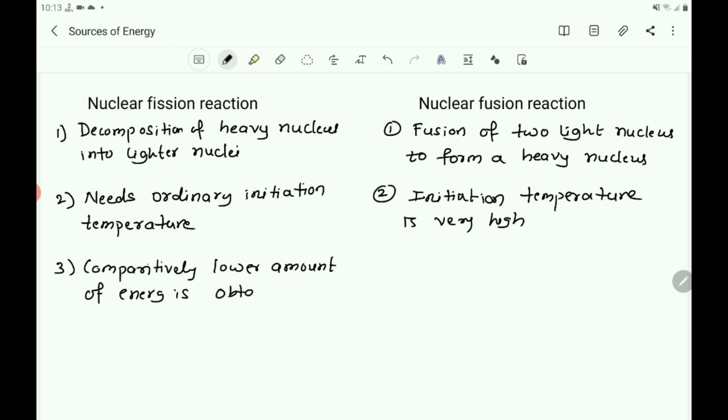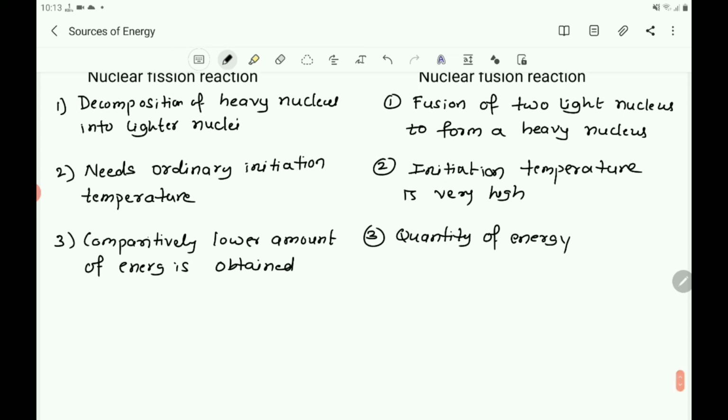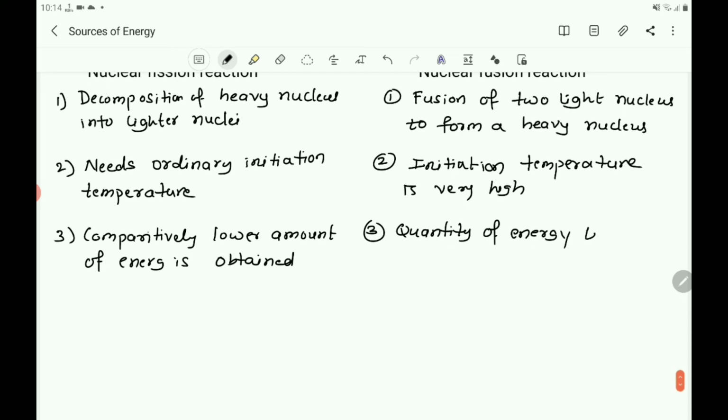In nuclear fusion reaction, quantity of energy liberated is very high.